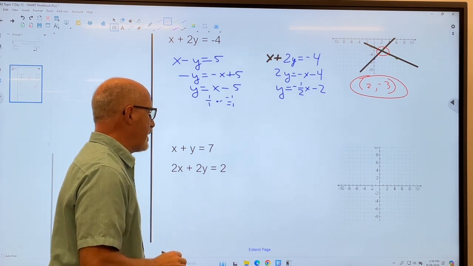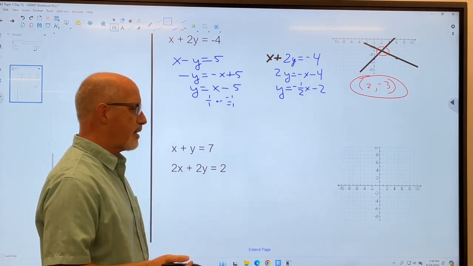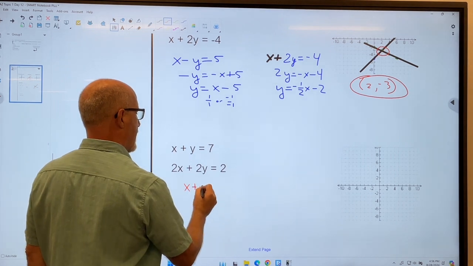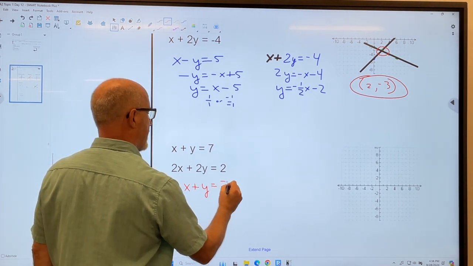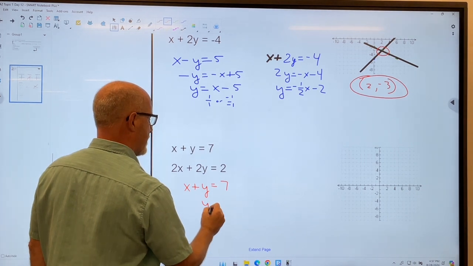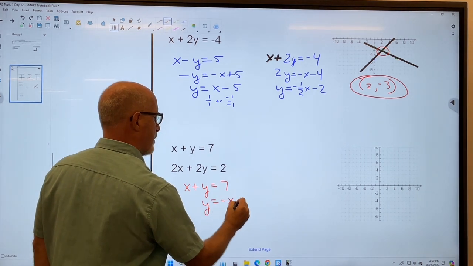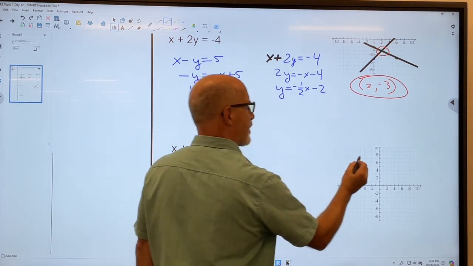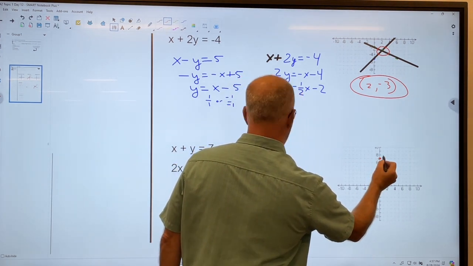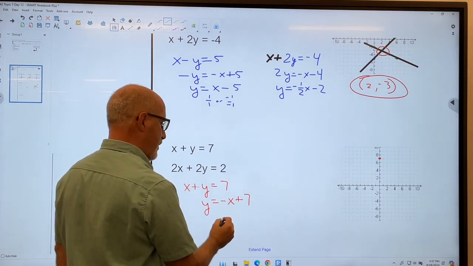Let's do this one. I'm going to again get these into slope-intercept form. So I'm going to take the first one here, x plus y equals 7. I'm going to go ahead and subtract x from both sides. So you get -x plus 7. And so if I graph that, I'm going to start at 7. So here's my 7. I'm going to use a slope of -1.